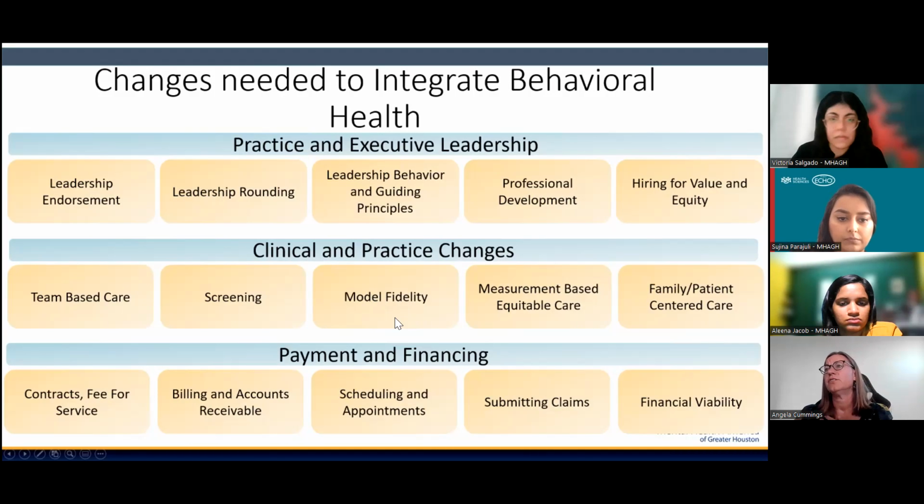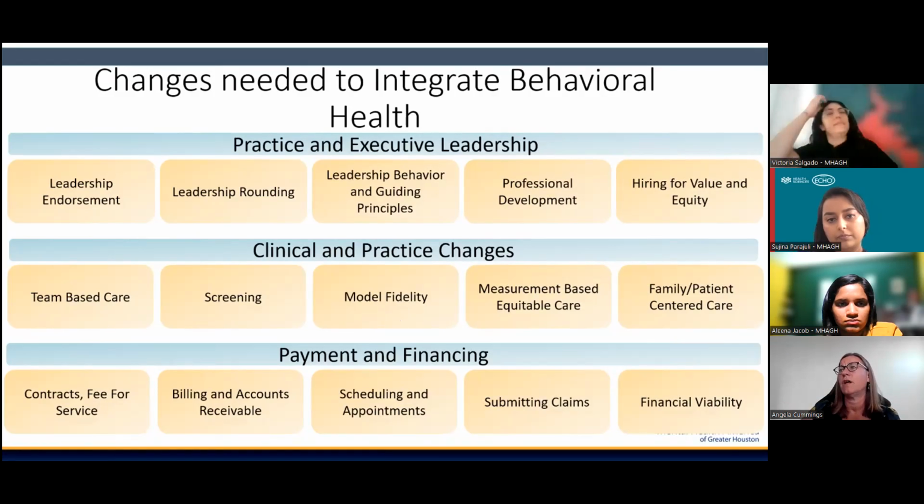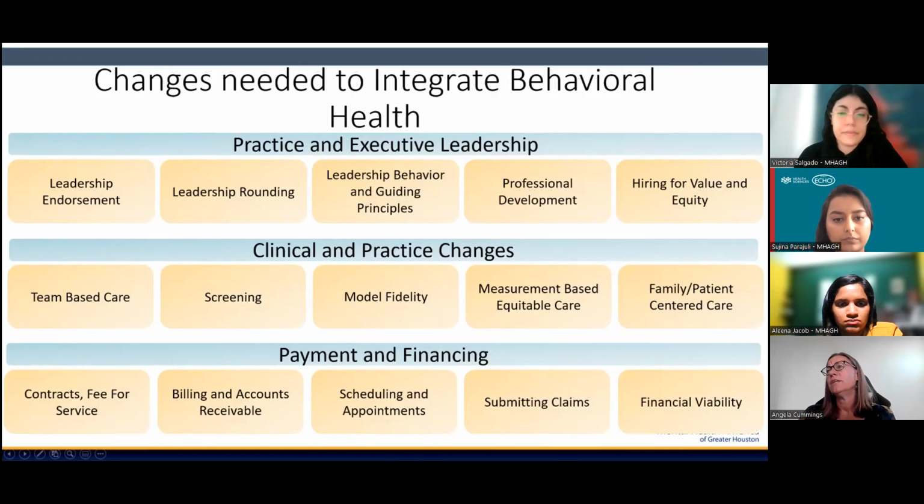Model fidelity. So there's different ways to do integrated behavioral health. And so whichever model you're picking or that you select as the best path for your clinic, there are going to be certain elements of that model that you need to make sure you're following. Measurement-based care. So again, what are those tools that you're going to look at over time? And maybe you're looking at a specific subpopulation.